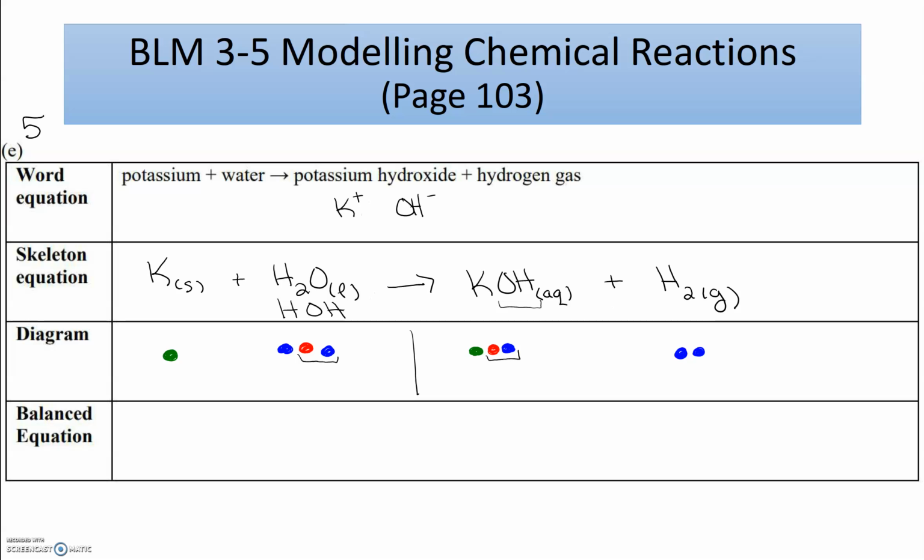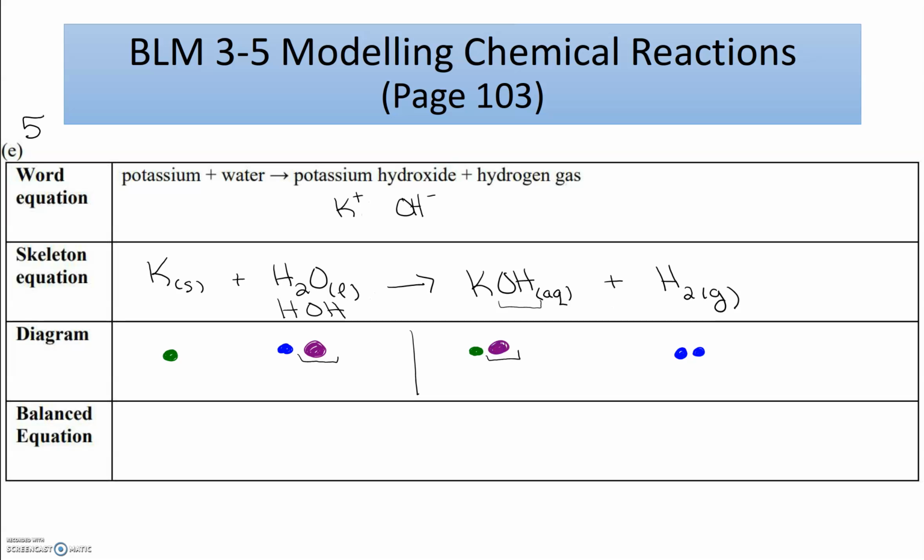And to be consistent, I want to treat that hydroxide ion as a single unit. I'm not going to be separating that oxygen and hydrogen from each other, so I want to draw them as one single color. And I'm going to change that color over to purple. So I'm going to erase my red-blue circles that I've initially drawn here, and I'm just going to draw one big purple circle to represent the hydroxide ion. I'm going to take that red and blue and change it into one big purple.